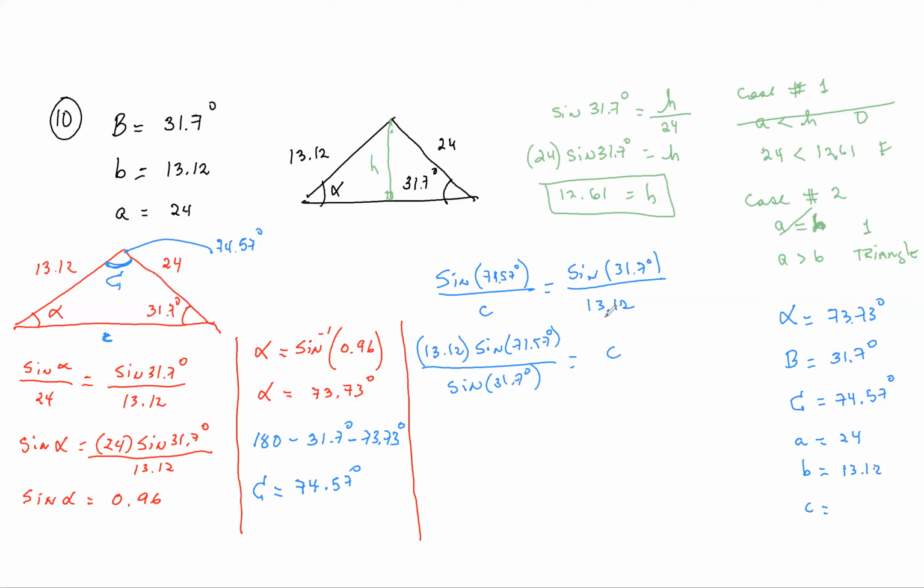We can apply the proportion, and we got 13.12 times sine of 74.57 divided by sine of 31.7. And the value for c will be 23.69, almost 24.